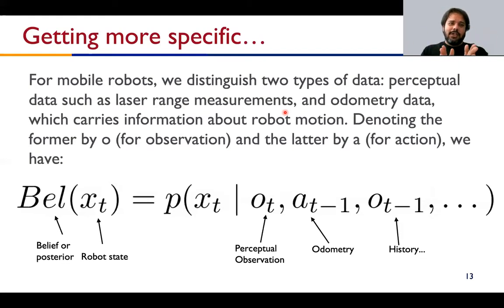So you can separate out the generic data which was present in the previous equation into perceptual observations at time t, so the data from your LiDAR sensor, and a history of the previous actions at time t minus 1, going back all the way to time 0.